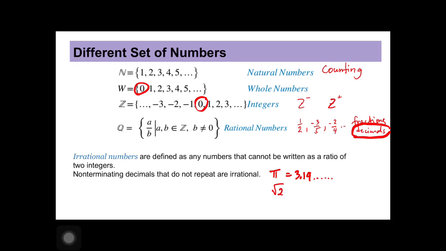It means by non-terminating, it will continue forever. You don't know what is the final number. Unlike when you have square root of 4, this one is simply equal to 2 or -2. So you don't have a decimal here. So it means square root of 4 is a rational number.